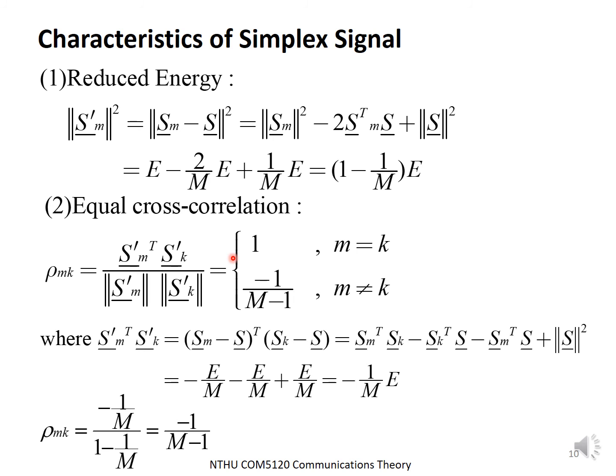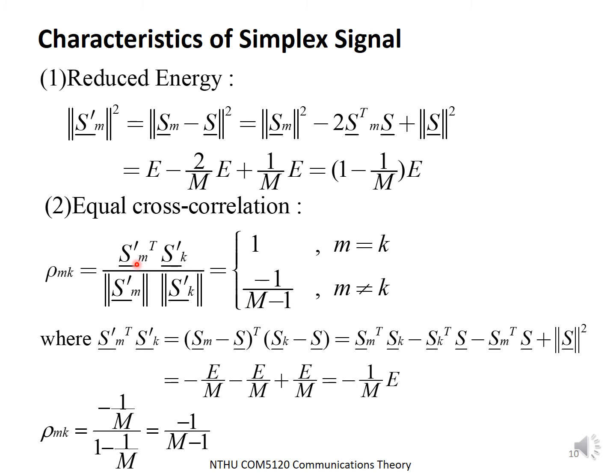For the same symbol, of course, the correlation will be 1. For different symbols, if m is not equal to k, then the cross correlation is negative, and the signals are no longer orthogonal.